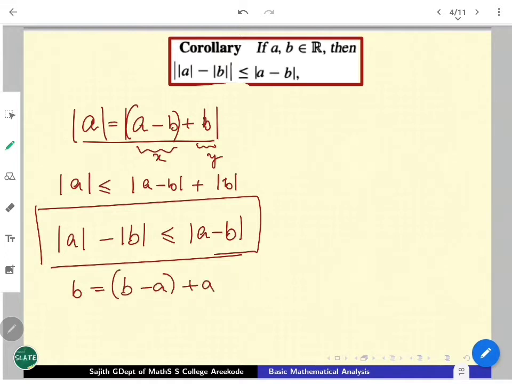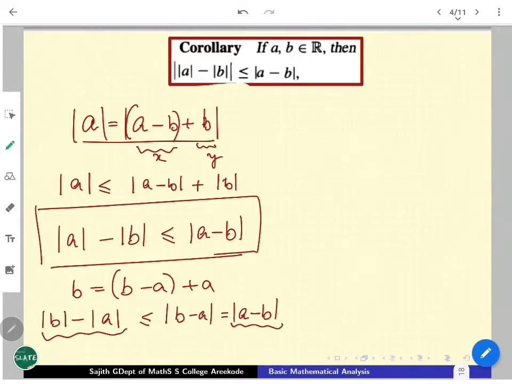So once again applying the triangle inequality, I'm going to reach mod b minus mod a, I will just reverse the thing, which is going to be less than or equal to mod b minus a. But remember, this mod b minus a is the same as mod a minus b also. I can rewrite. So mod b minus mod a is going to be less than or equal to mod a minus b.